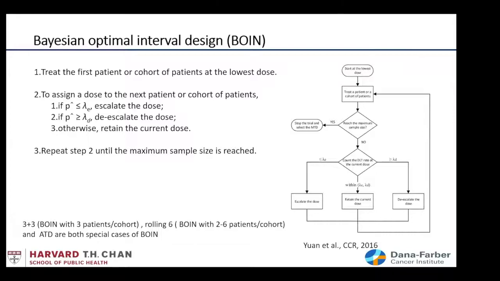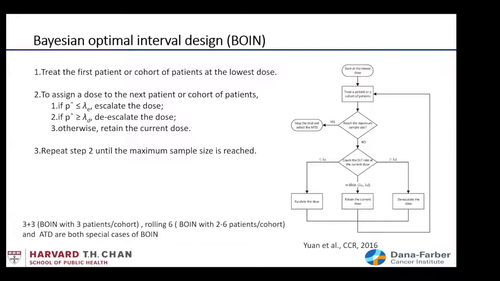If the observed DLT falls inside the interval, then the decision is to retain the current dose level and treat more patients at the current dose level. Then you repeat the steps until you reach the maximum sample size. Here is a simple illustration of these trials. You treat a patient; does that meet your maximum sample size?